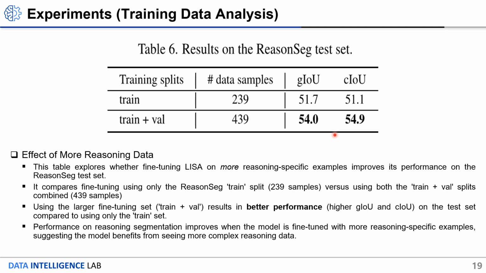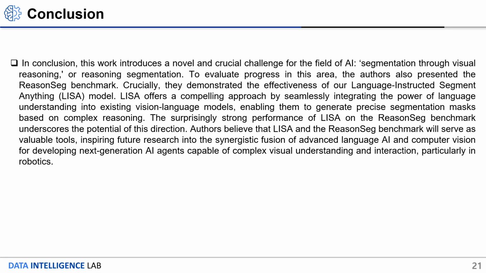Now, performance on reasoning segmentation improves when the model is fine-tuned with more reasoning-specific examples, suggesting the model benefits from seeing more complex reasoning data. So in conclusion, this work introduced a novel and crucial challenge for the field of AI: segmentation through visual reasoning, or reasoning segmentation.